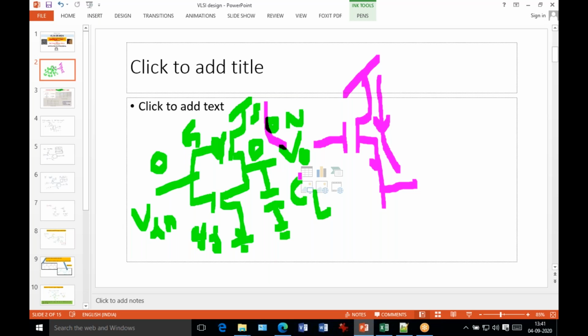What is the meaning? Your capacitor is fully charged, because the output voltage at this node is high.